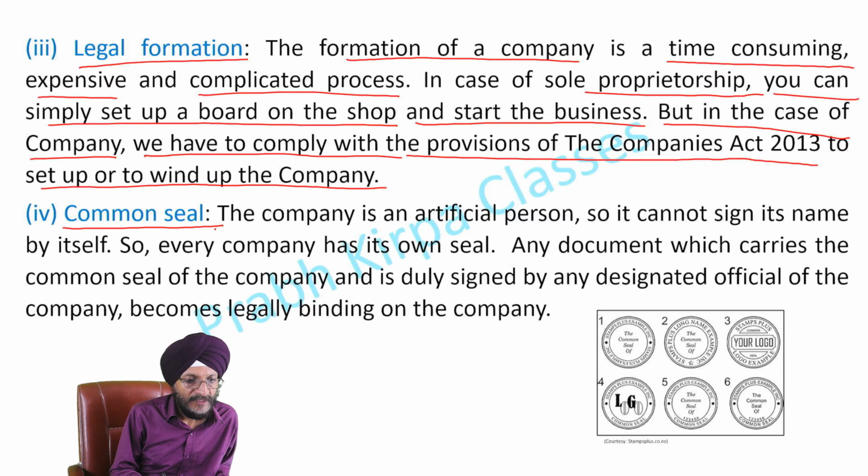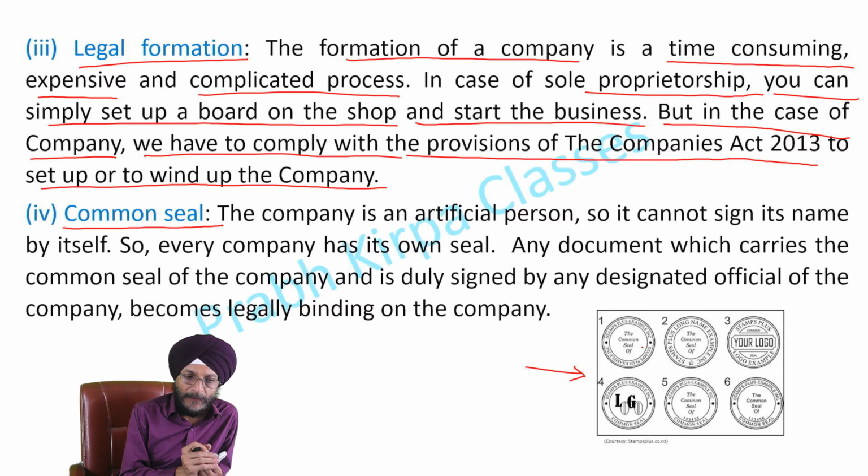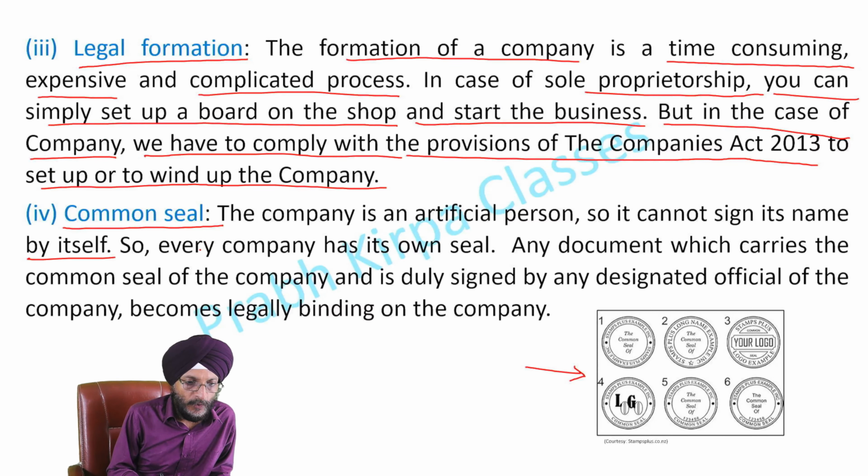Common seal. What is the meaning of common seal? Here, these are the common seals. That is, whenever a company has to sign a document, it cannot sign in itself. So every company has a common seal.